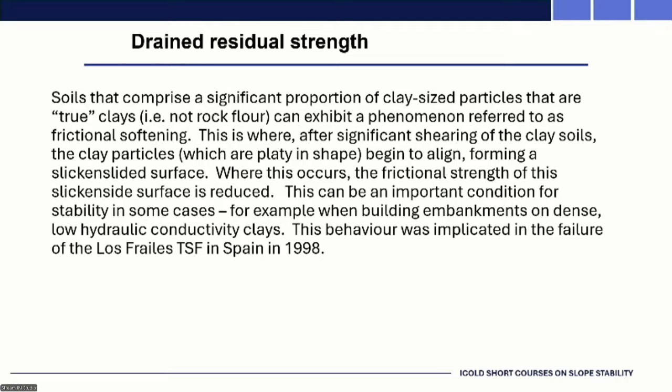You can eventually get very low true friction angles, values as low as 8 degrees with things like very high plasticity clays, London clay, etc. To me, that's true residual strength, as opposed to the large strain strength we're talking about in cohesionless tailings. And this was again implicated as one of the contributing reasons to the failure in Spain in 1998, the Los Frailes failure, where the foundation was the core of the failure.